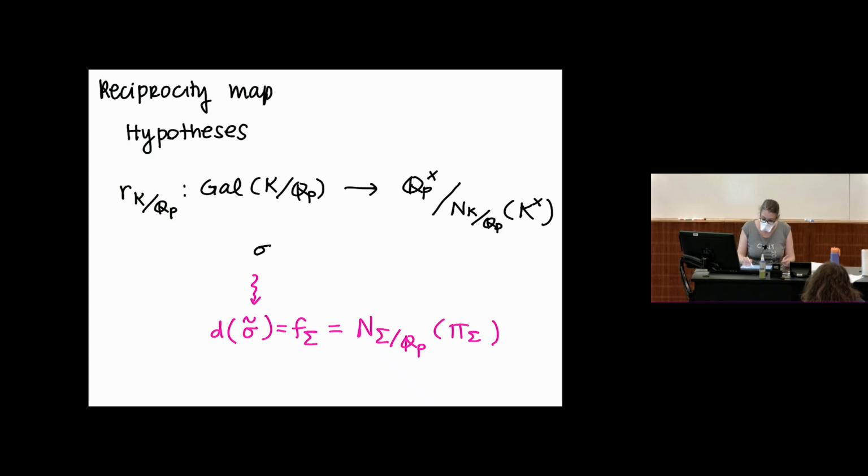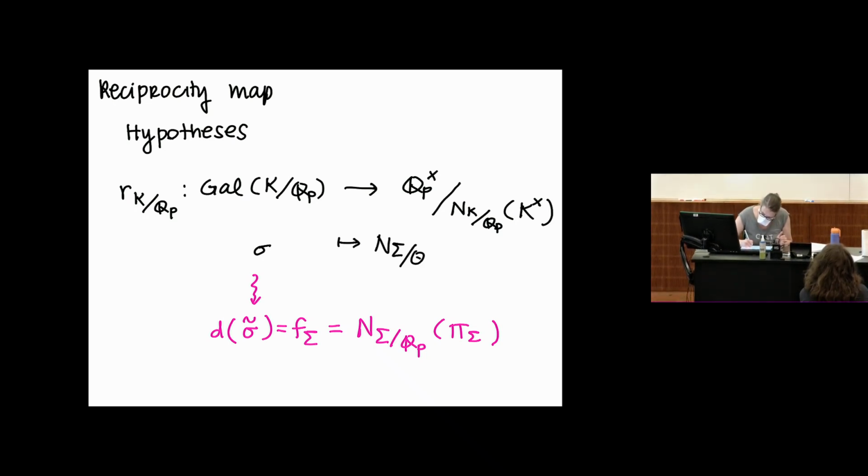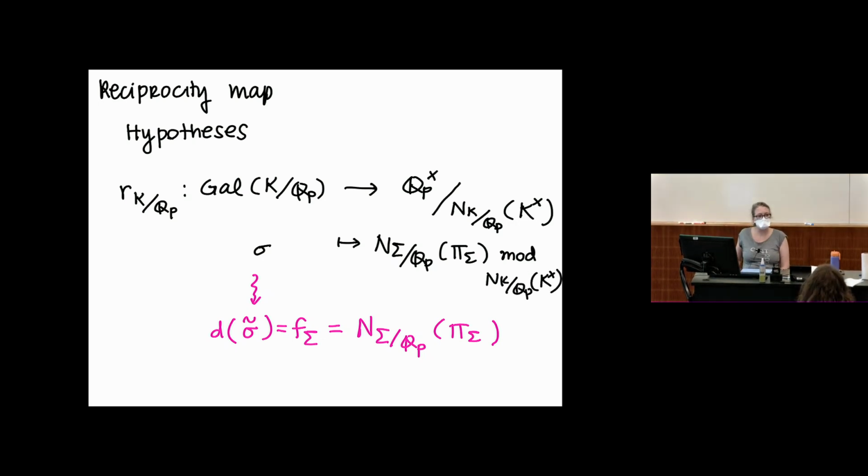Okay, so I have two things that I have like judged the same, and like the map is just to send one to the other. Okay, and mod this norm situation.